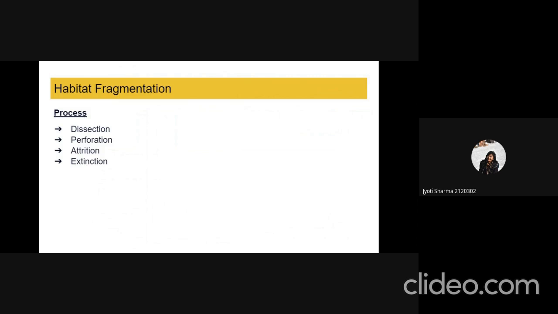He stays within that forest, and he may like that habitat area and bring his family there, and they start to survive and inhabit that area. So this is the perforation. Perforation means making holes into that area after the dissection.